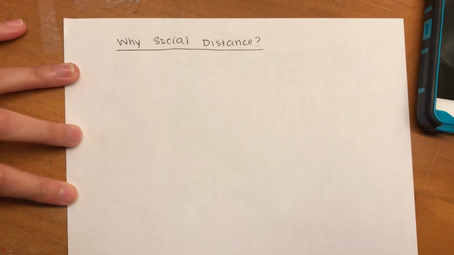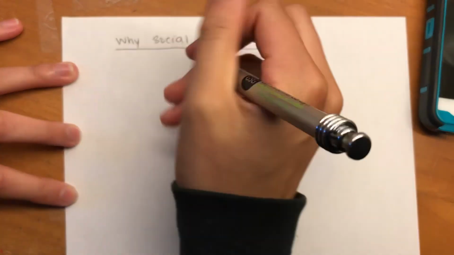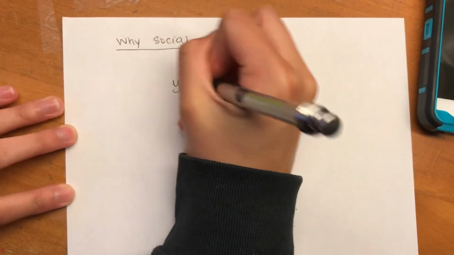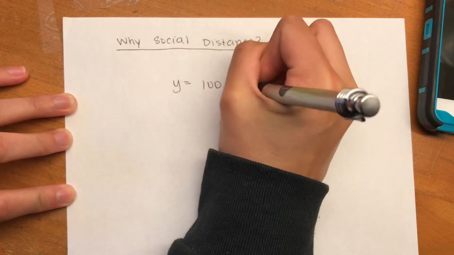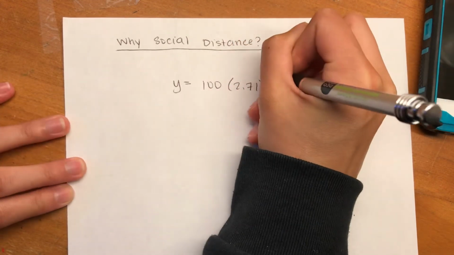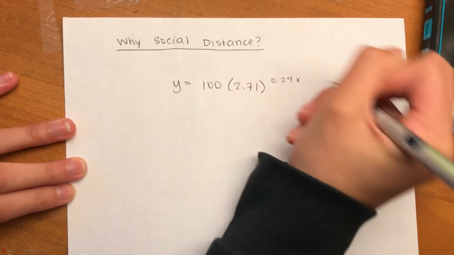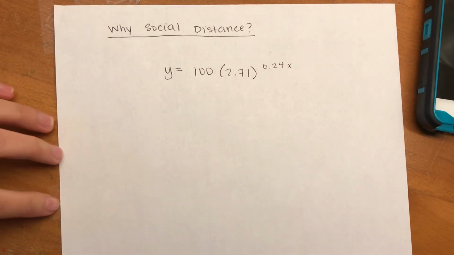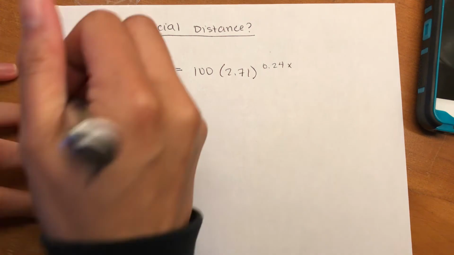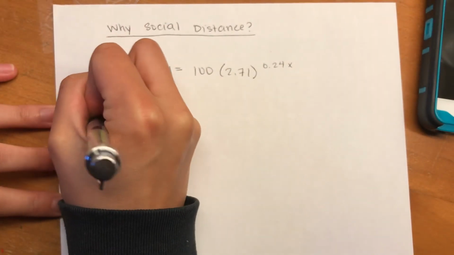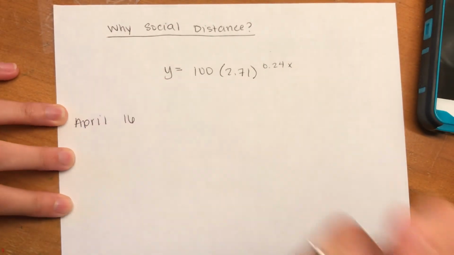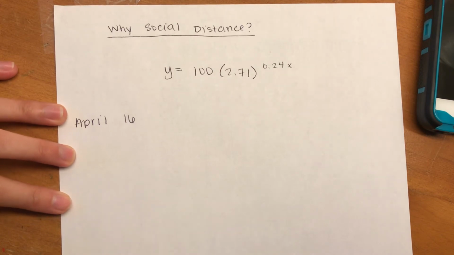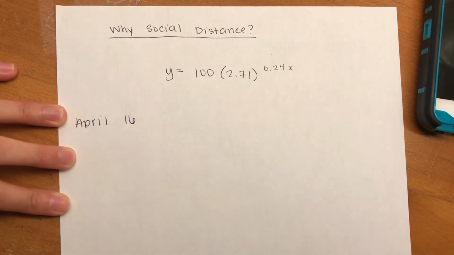So we have this formula, right? I took my formula from my other page. That is y equals 100 times 2.71 to the 0.24 times x. All right? Right now, today I'm making this video on April 16th. And I looked on Wikipedia this morning, which is very reliable because they're giving the daily update.